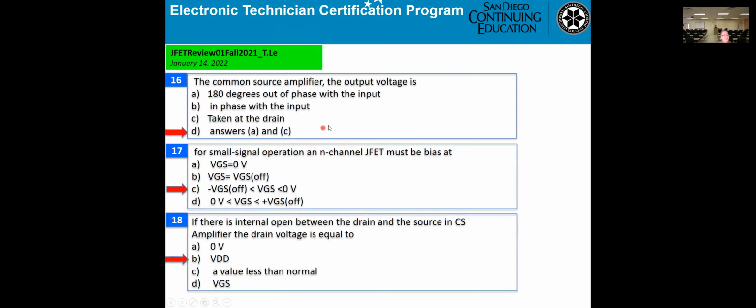Answer will be D. That is the lecture, okay? 17, for small signal operation, an N channel JFET must be biased at VGS higher than minus VGS off and less than 0. 17 will be C.